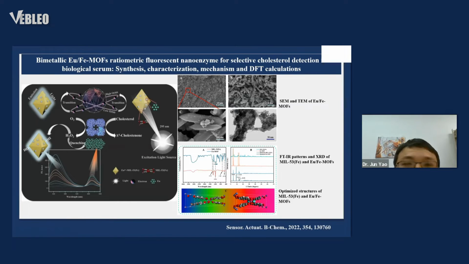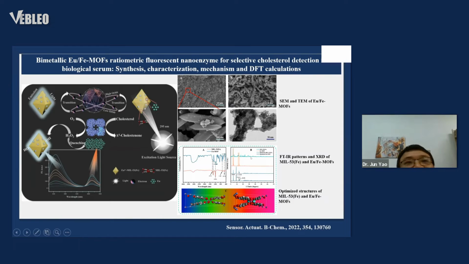The TEM shows that the doped MOFs own a spatial layer and packed structure. This is FTIR and XRD. From FTIR, we can speculate the functional group of this material.